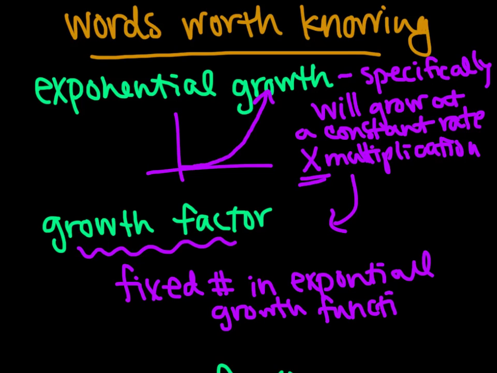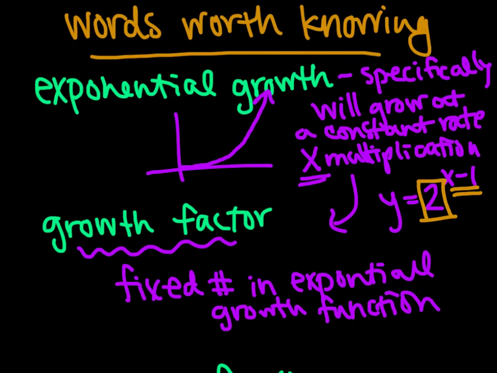So in the king's Ruba's plan, for the peasant's plan, the growth factor was 2. We'd end up with y is equal to 2x minus 1, and that described the peasant's plan. So the growth factor was this 2. In exponential growth situations, you'll always find that there's an exponent involved, and that exponent happens to be the variable that will change.